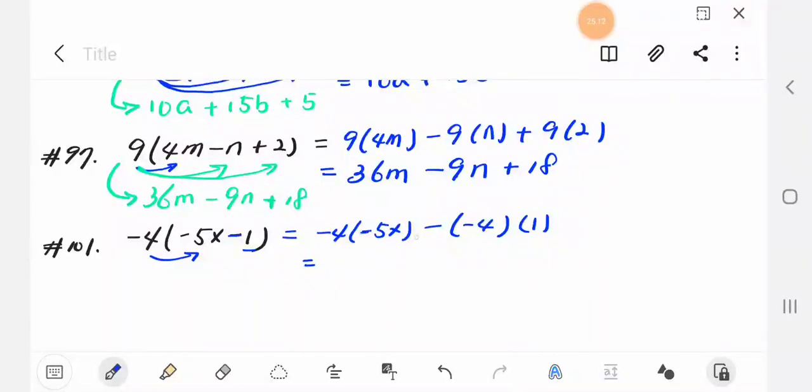So negative 4 times negative 5 becomes positive 20. You don't put the positive sign, so 20x. And this one is negative. Negative 4 times 1 is negative 4, right? So finally, 20x and minus and negative. Negative times negative means positive, so plus 4.